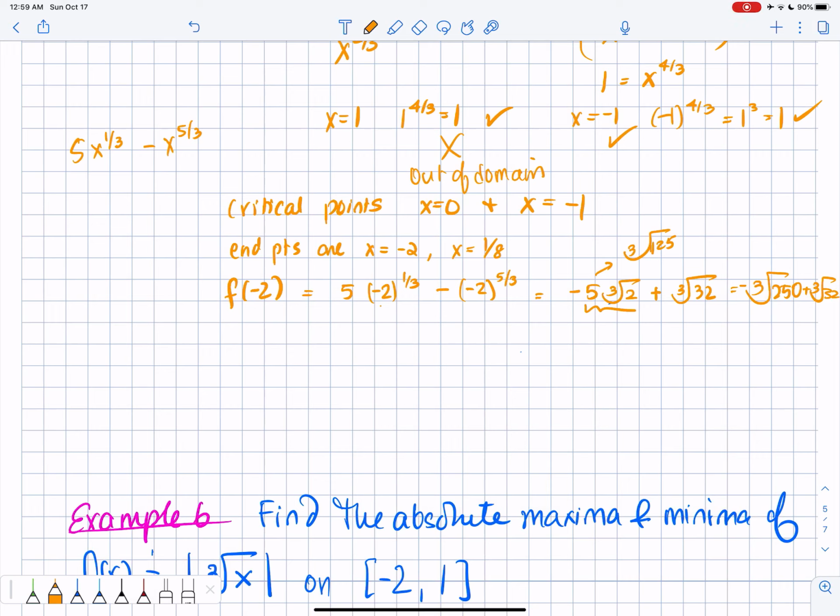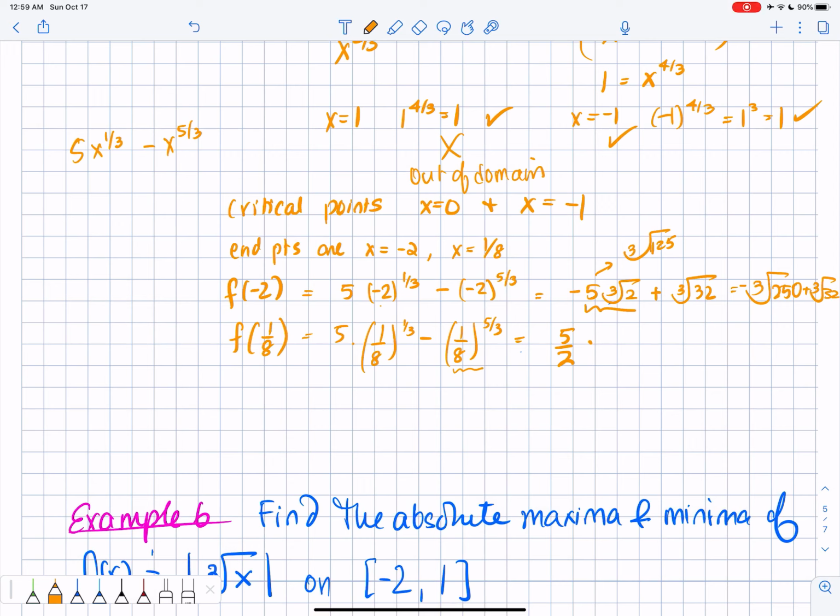Okay, then we have to check f of 1/8. Let's do that. 5 times 1/8 raised to 1/3 minus 1/8 raised to 5/3. Okay, this is much nicer. What is the cube root of 1/8? That will be 1/2. And what is 1/8 raised to 5/3?